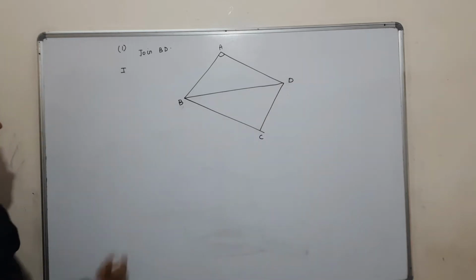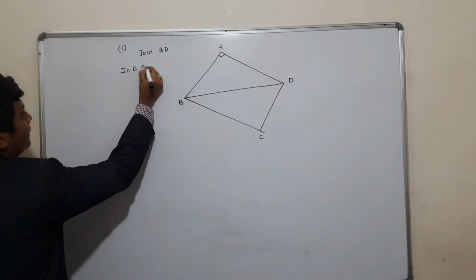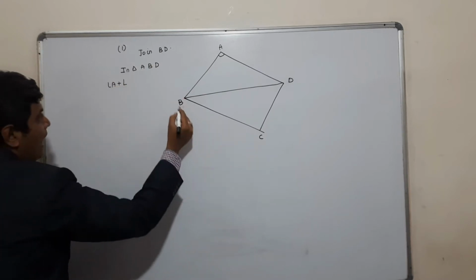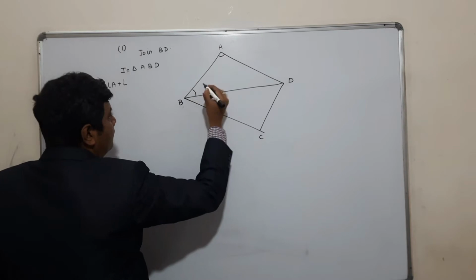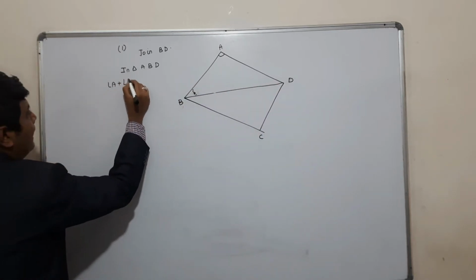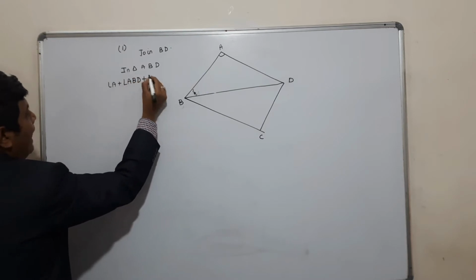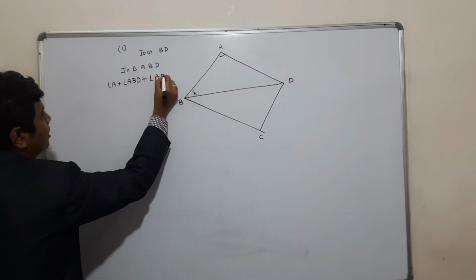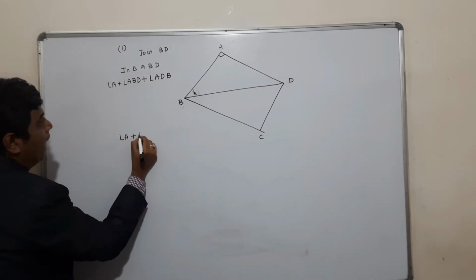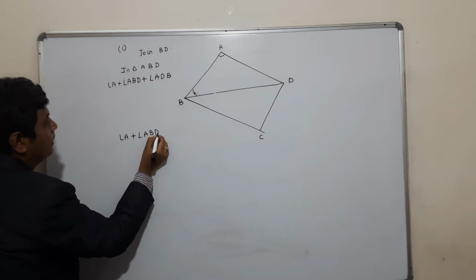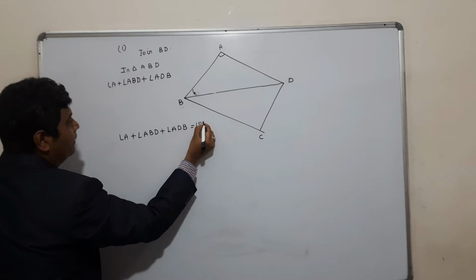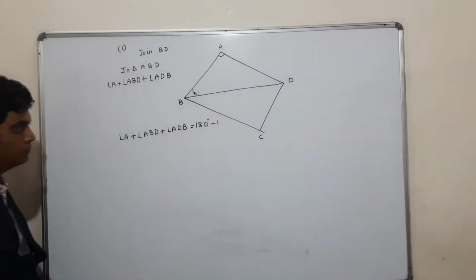Now consider triangle ABD. Can I say angle A plus angle ABD plus angle ADB is equal to 180 degree. This is equation 1.